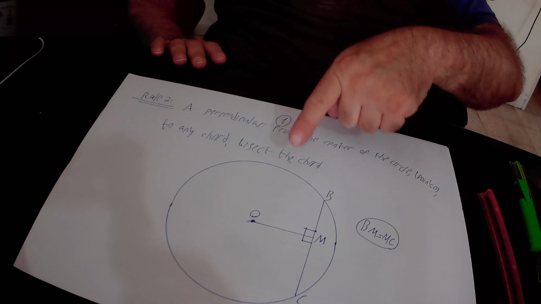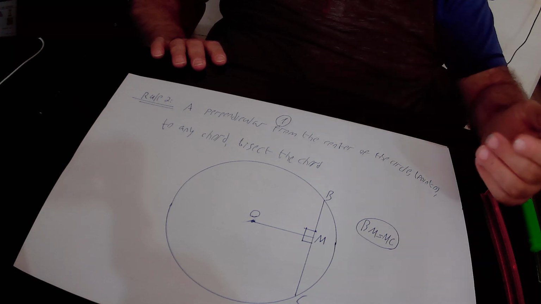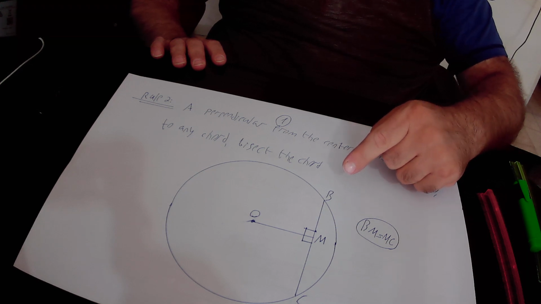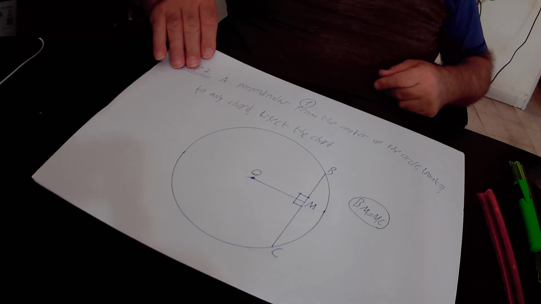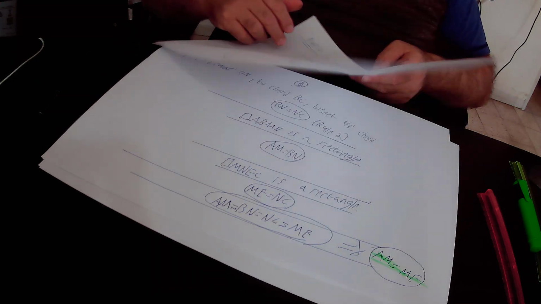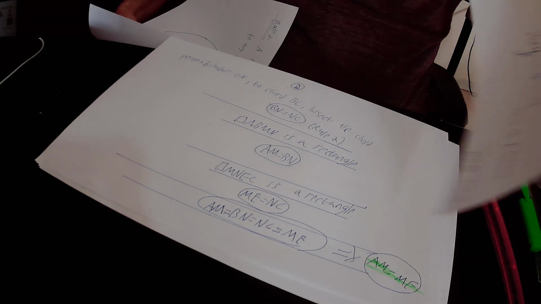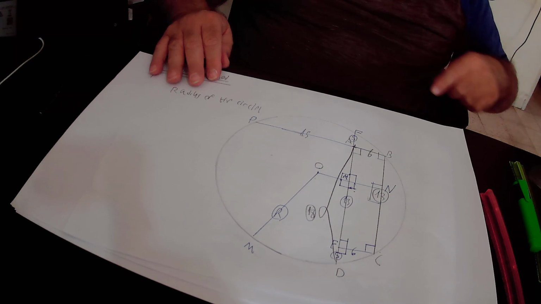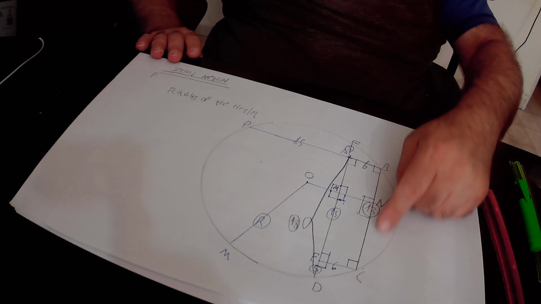So from the center of the circle, that is to say from point O, we have perpendicular ON on chord BC.